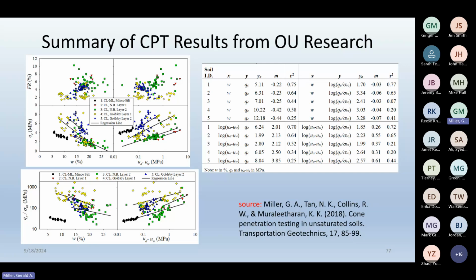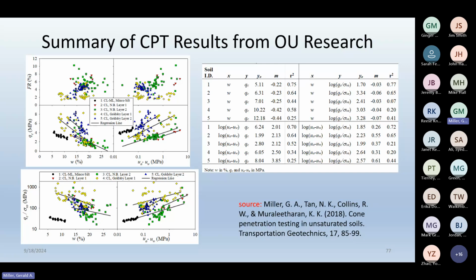Think of a triaxial cell with a 2-foot diameter soil sample that's 4 feet high. You control the confining pressure on that bed and the vertical pressure, so you can control the state of stress in that soil bed. And then from the top, you can push a cone into it. It's called a calibration chamber.